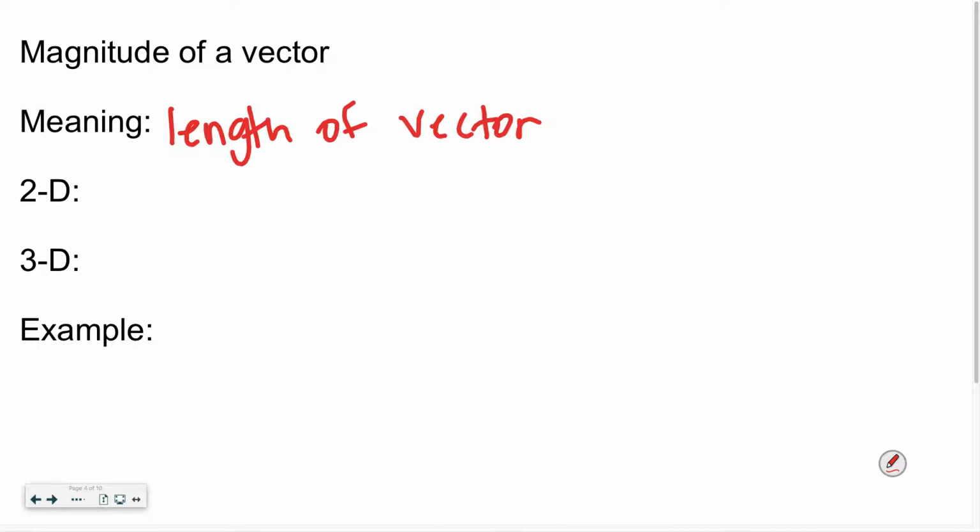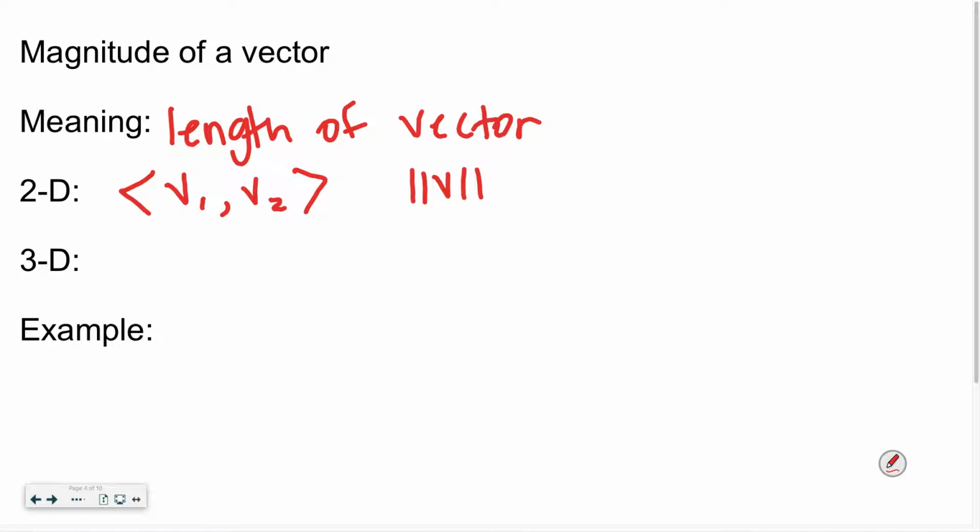Okay. In 2 dimensions, if we had the vector v1, v2, then I'll remind you, this symbol stands for magnitude. How did we find it? Inverse tangent?